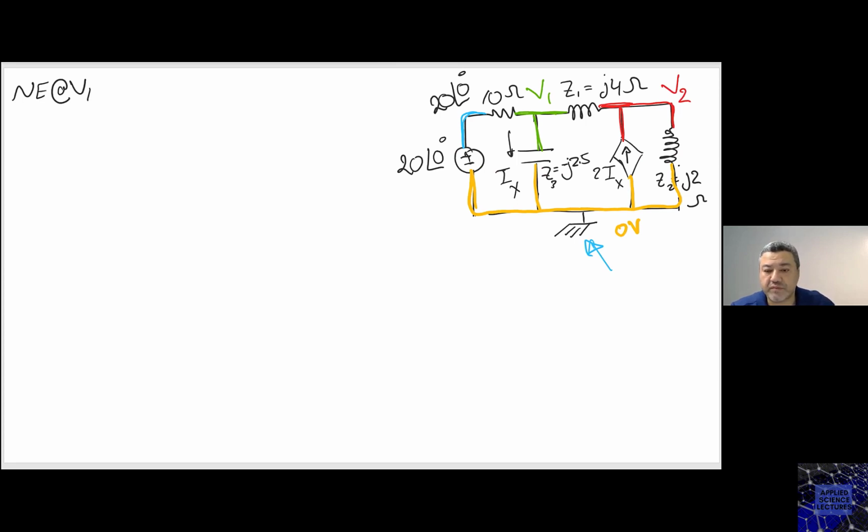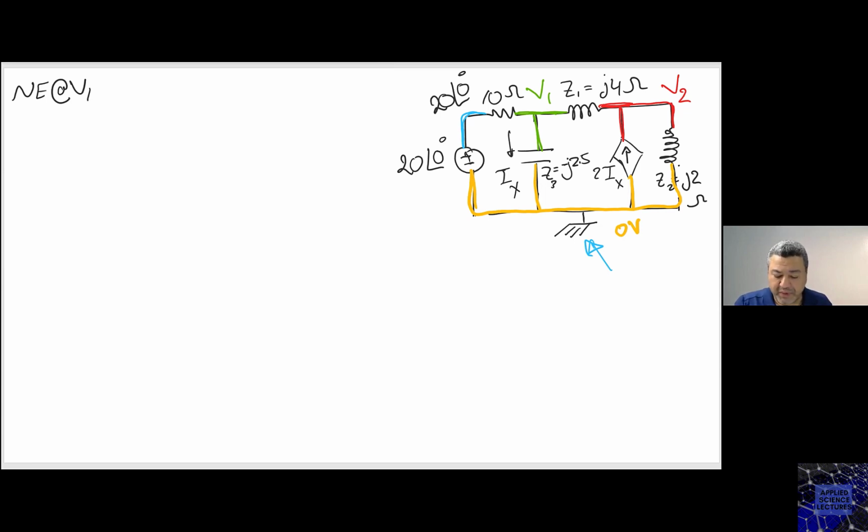Okay. So V1 minus 20 over 10 plus V1 over minus J2.5 plus V1 minus V2 over J4. Excellent.